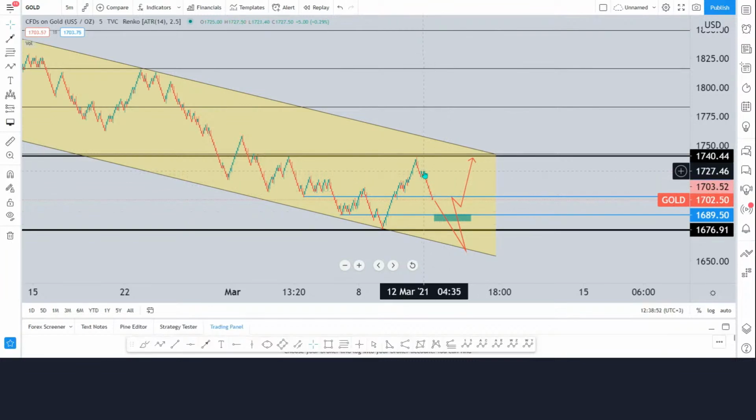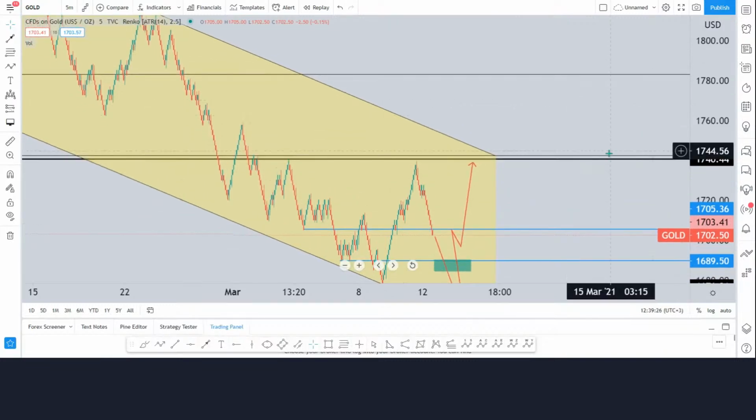If we were at 1726, okay, it's good. If we were at the top of the resistance line at 1740, it's also good, but this point is too late, so no buy, no sell. We expect that it will continue to go down either to this point or to the level 1600.